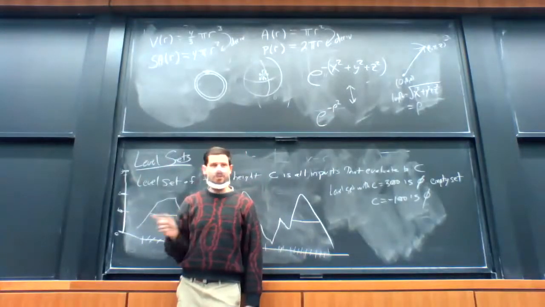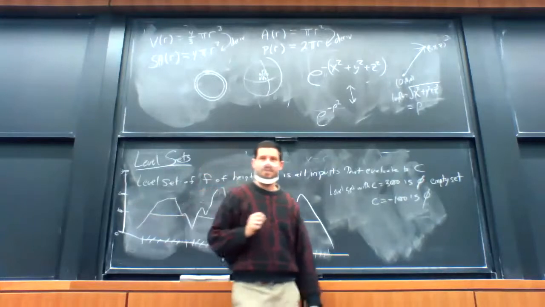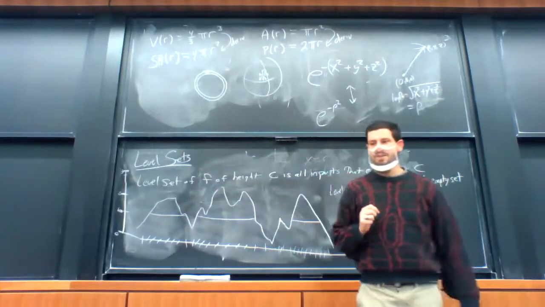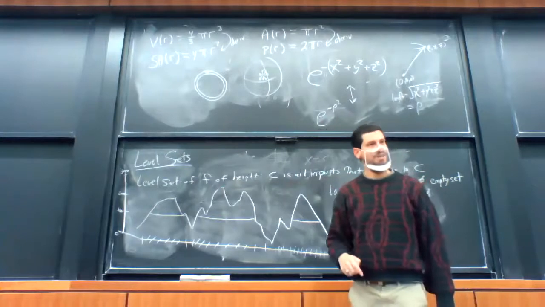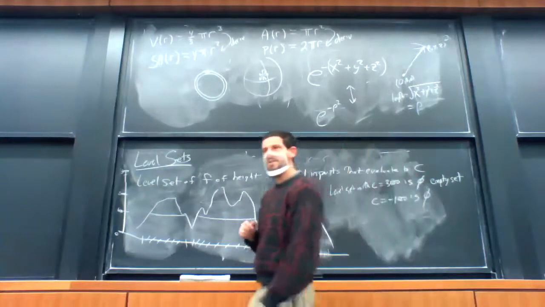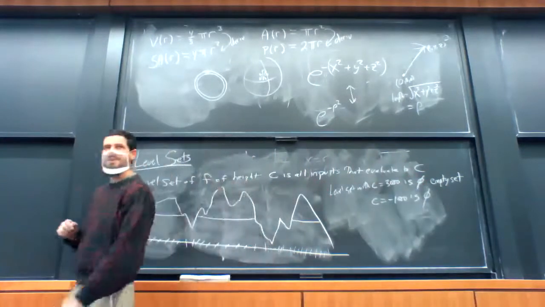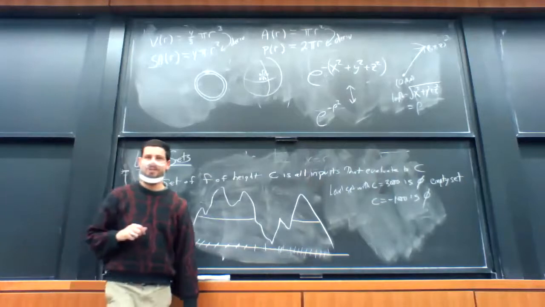There's a very natural value for this graph where you have lots of things to level set: the ground. What else? The ceiling. What else? There's another really good one.